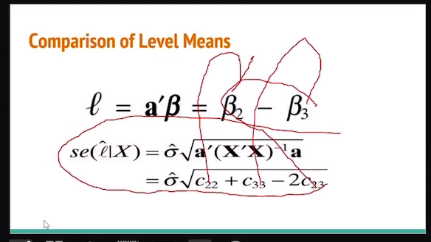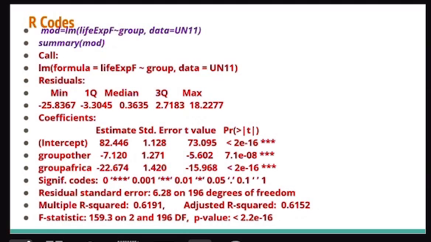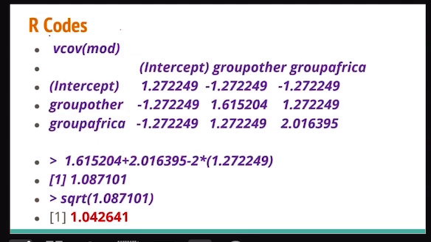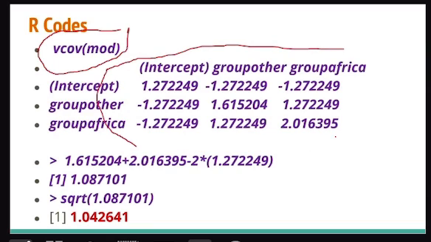Okay, now I want to take you back. Here, you run MOD, right? If you want to get your variance covariance matrix, you're going to write vcov. Can you see that? You want to extract the variance covariance matrix, and that is going to automatically give you this 3 by 3. And the moment you have that, please pay attention.